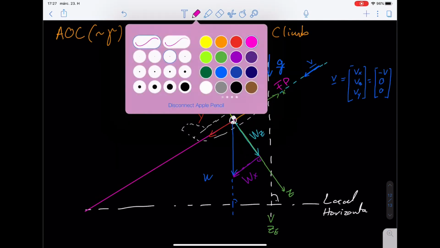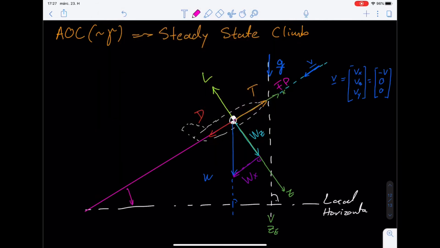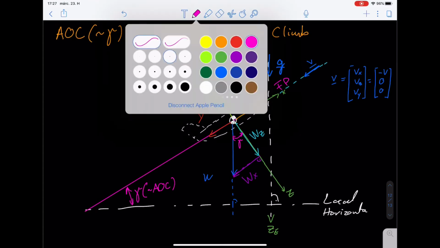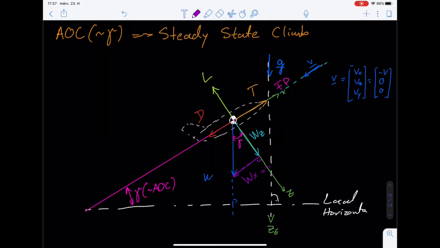And if you remember, the flight path angle, in this case the angle of climb, gamma, can be defined up here as well, and from this we can calculate the Wx component.